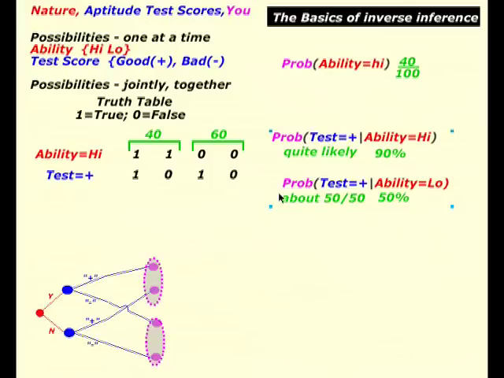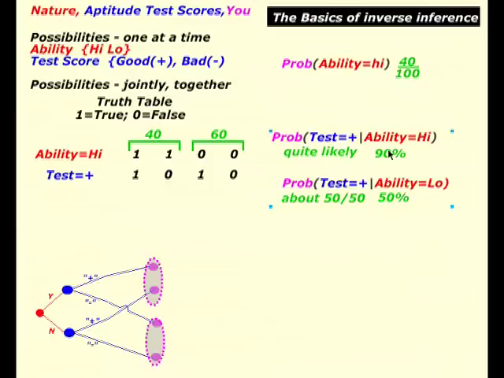And for this other probability, notice we're thinking about the relationship between the test and the aptitude, the state and the signal. We're uncertain about what that relationship is, but if a person is of low ability, they could do well in the test, but let's make it 50-50. Just a little bit better than a coin toss.